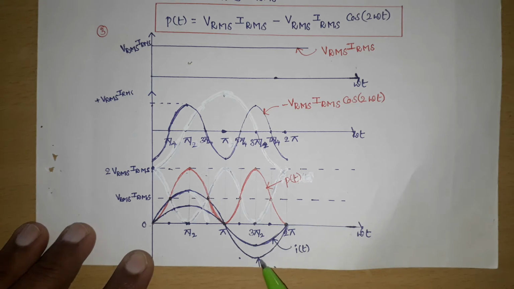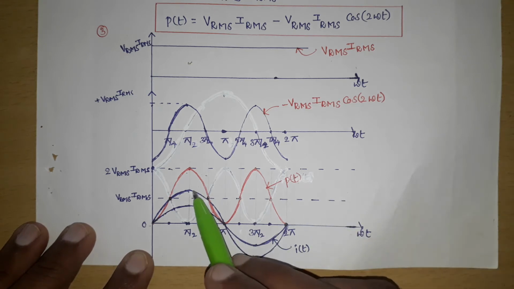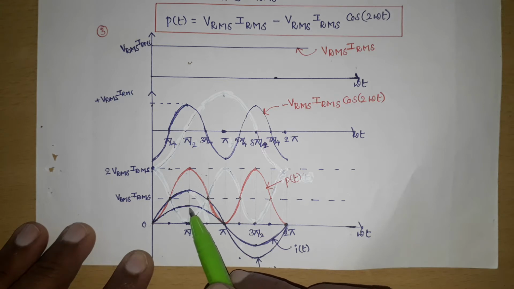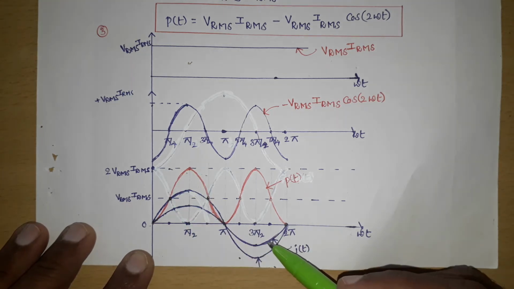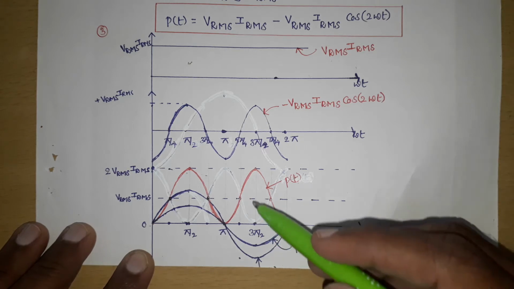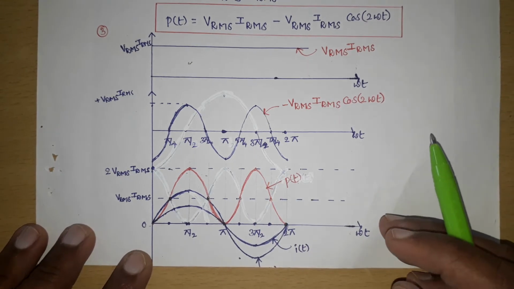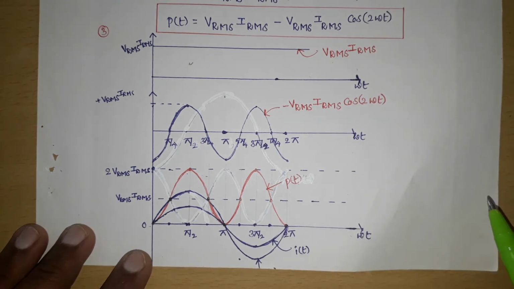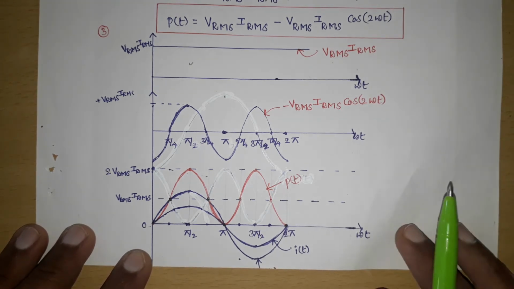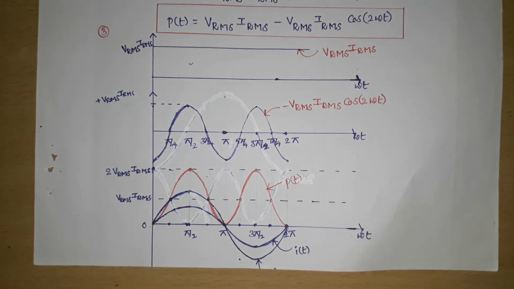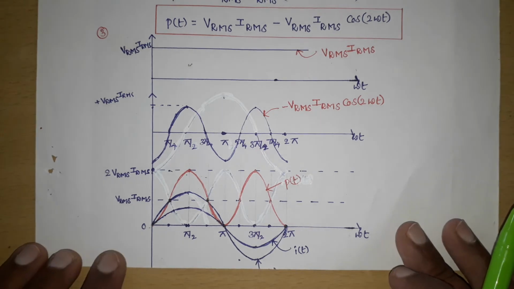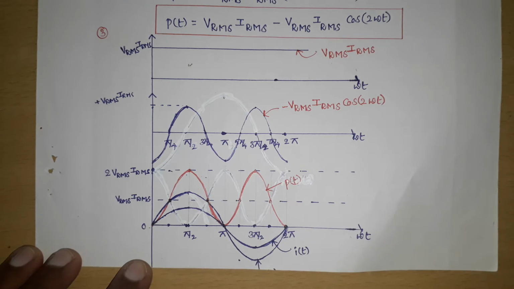Because voltage into current is power, a positive voltage and positive current give positive power, and a negative voltage and negative current, minus of minus is plus, so power is always positive. The resistor always takes power from the source and dissipates that power in the form of heat. It does not give the power back to the source in any case.